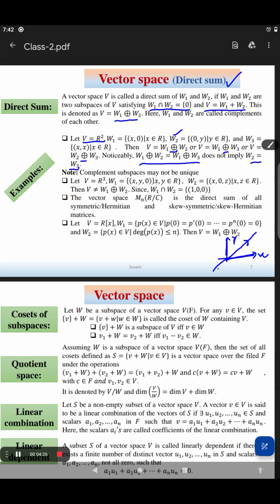When you can represent a vector space as a direct sum of two subspaces, then these two subspaces are called complements of each other. So, from this example I can say complement subspaces may not be unique. Why? Because W1, W2 are complements, similarly W2, W3 are complements, and W1, W3 are complements, so complements are not unique.